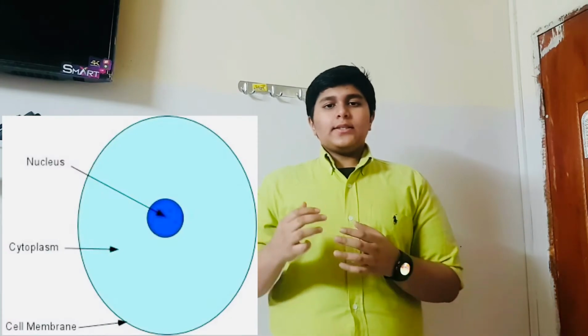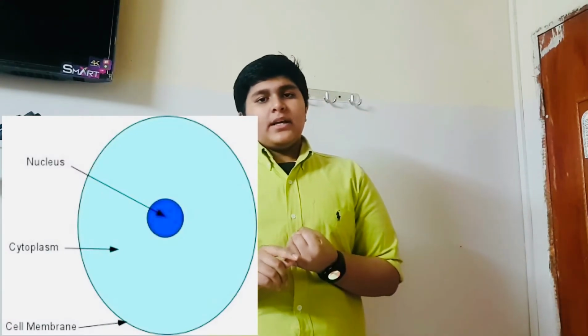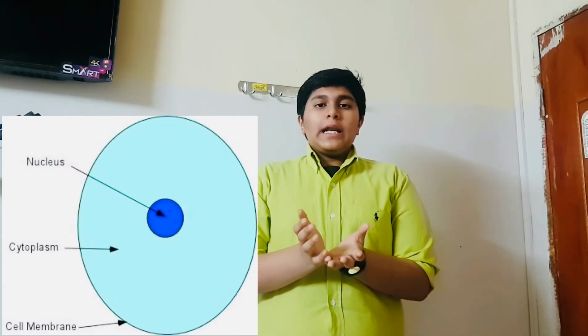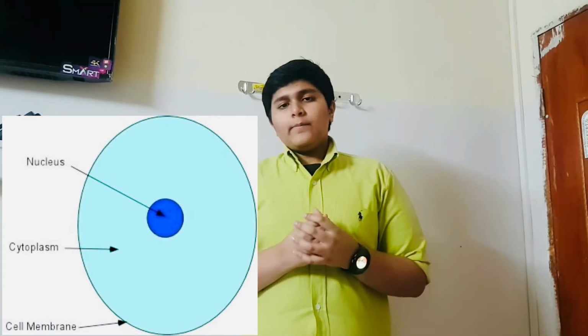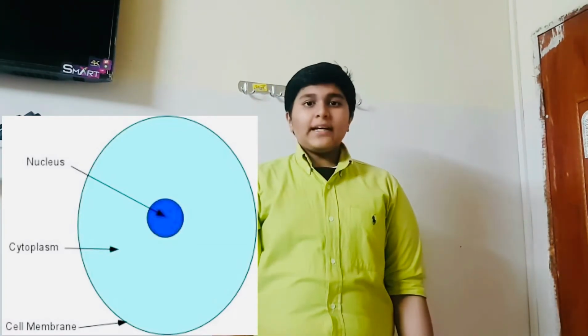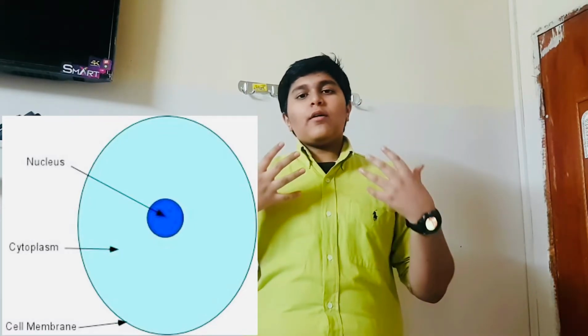Now let's see inside the cell. We are going to learn about the three basic parts of both animal and plant cells. The first one is the cell membrane. It is the outermost layer which gives protection and shape to the cell, just as our skeleton gives shape to our body.